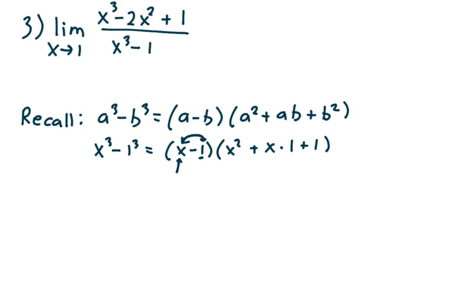And so here, I get the limit as x goes to 1 of, in the denominator, x minus 1 times x squared plus x plus 1.